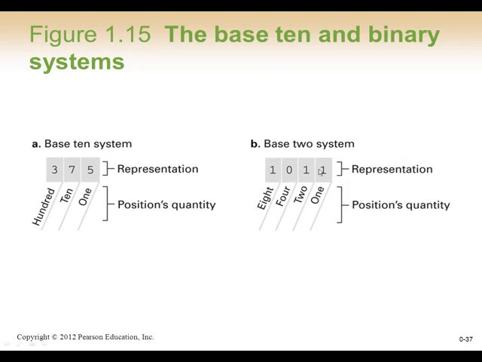This is something that you have to know for your test, how to go from one to the other. So I have base 10, 375. I'm going to multiply this by 1, by 10, by 100. This is base 2, 1, 2, 4, and 8. So 8 plus 2 is 10, plus 1 is what? 11.